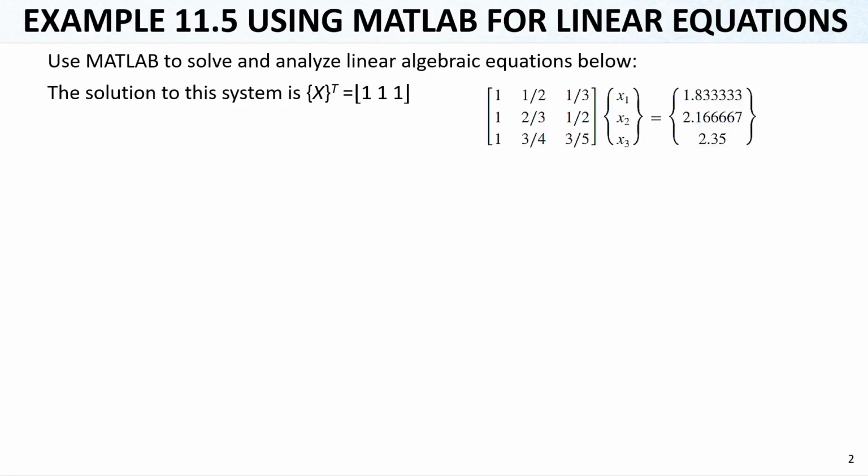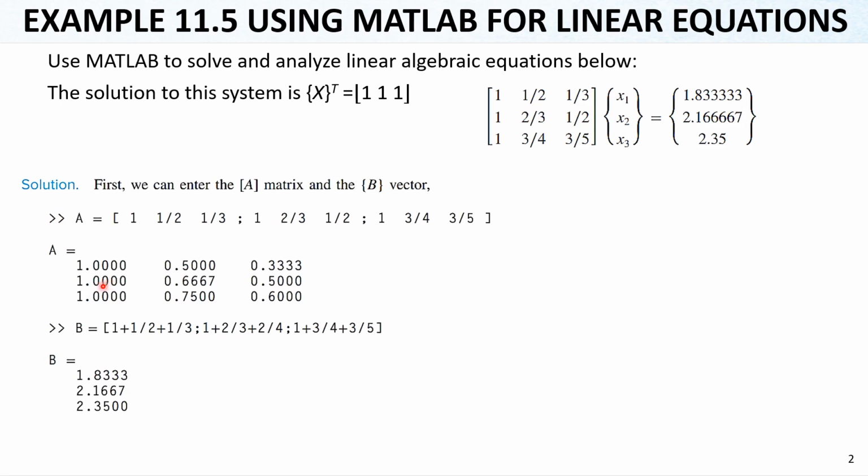In this slide, we have example 11.5, and we will be using MATLAB for solving linear equations, this 3x3 linear equation you can see here. The solution to this system is known to be 1, 1, 1. For this, we first start with separating A and B. In MATLAB you can simply write it like this and get the A matrix.